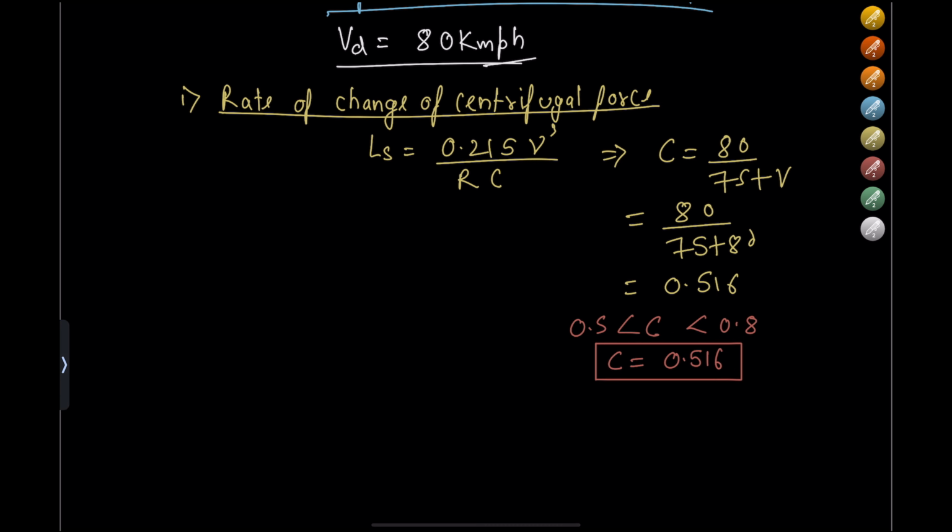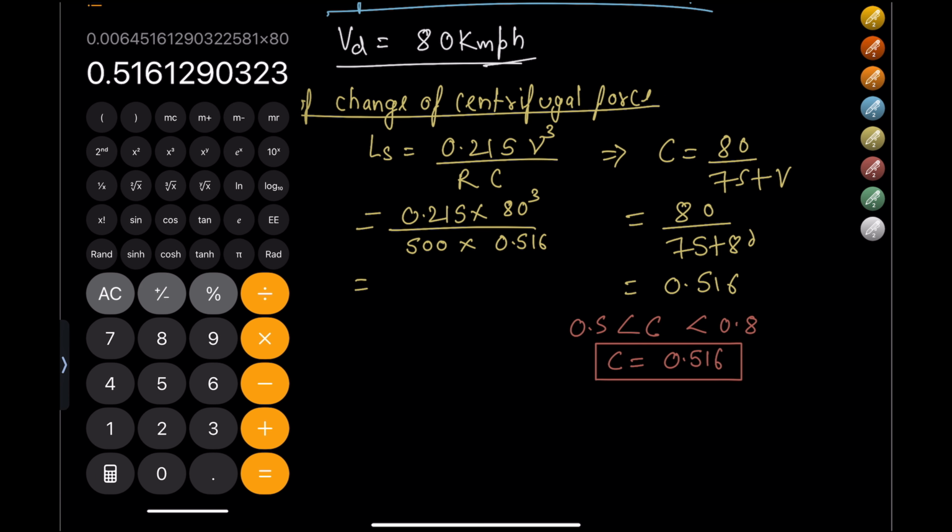So what else do we need here? We do not need anything else. So we have 0.215 multiplied by 80 cube, divided by 500, multiplied by 0.516. The value will be coming out to be 80 power 3 multiplied by 0.215, divided by 500, divided by 0.516.